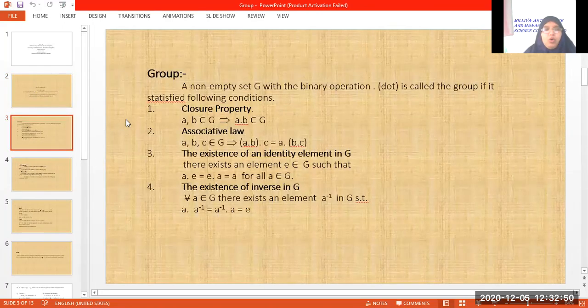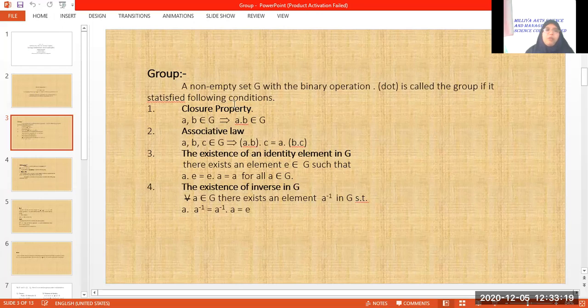Now we define groups. The group is a basic of abstract algebra. A non-empty set G with the binary operation dot is called a group if it satisfies four conditions.